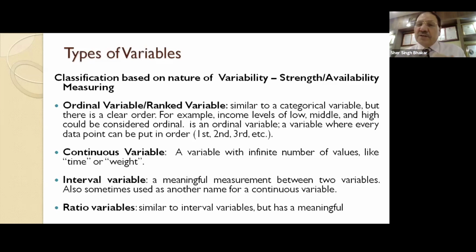So the difference between very poor to poor for somebody may be very little, for somebody it may be very large. Same is the case between poor to average, the difference can be very less for some people, and very large for others. People, when they evaluate, don't consider the differences between them as equal, and therefore it is ordinal scale.